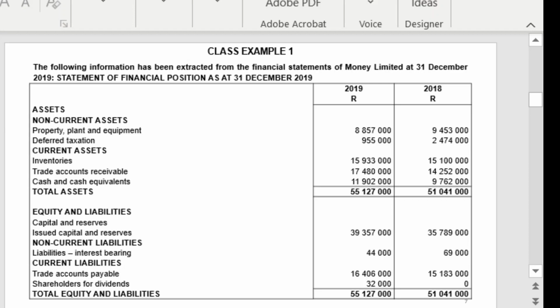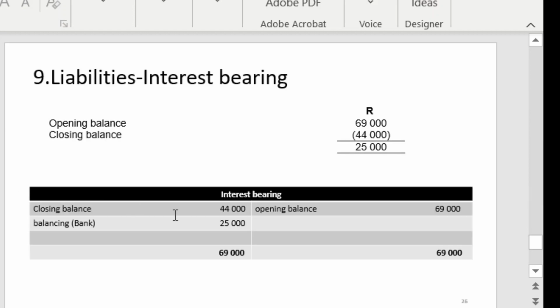If we look at the calculation, you can use the T account to see the movement. In the next minute, I'll be showing you that. So, opening balance, because it's a liability it will be on the credit side, closing balance 44,000, the balancing figure is 25,000. That will be the cash movement, the cash paid.